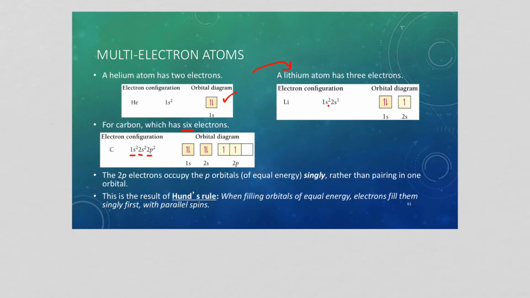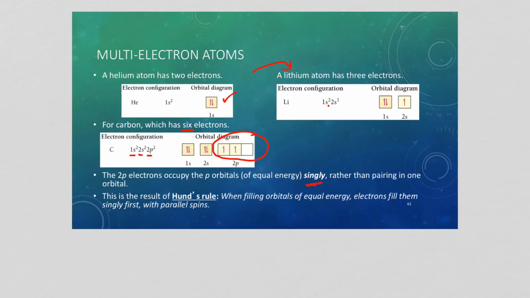Now, this brings up another point about filling these. When you start filling a p set of orbitals or a d set of orbitals, notice that all of these orbitals are the same energy. So the electrons will always fill them singly first rather than pairing up. You notice these 2 electrons are going one into each of the first 2 instead of pairing up in the first one.